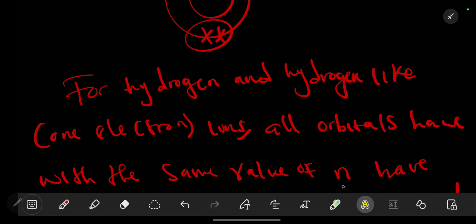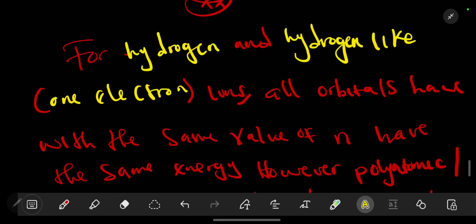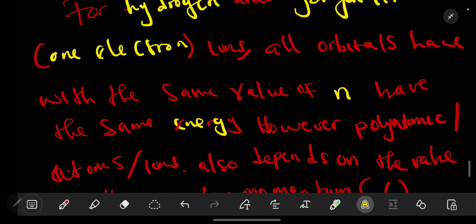So we are saying that for hydrogen and hydrogen-like atoms or ions which have one electron, all orbitals with the same value of n, which means the same shell, have the same energy.